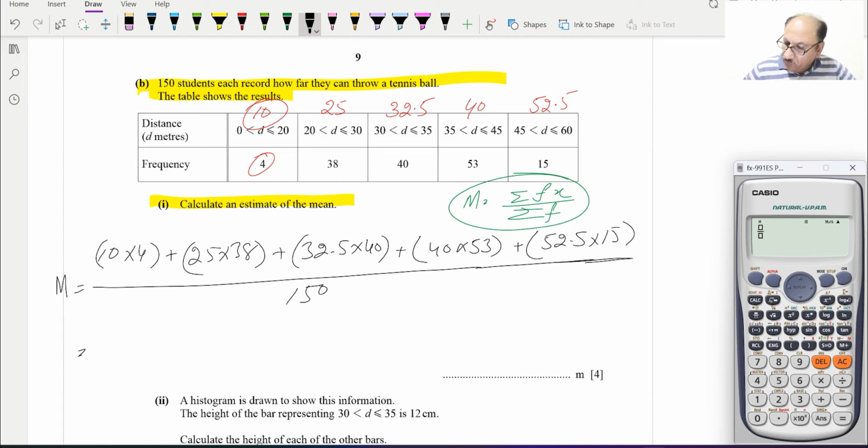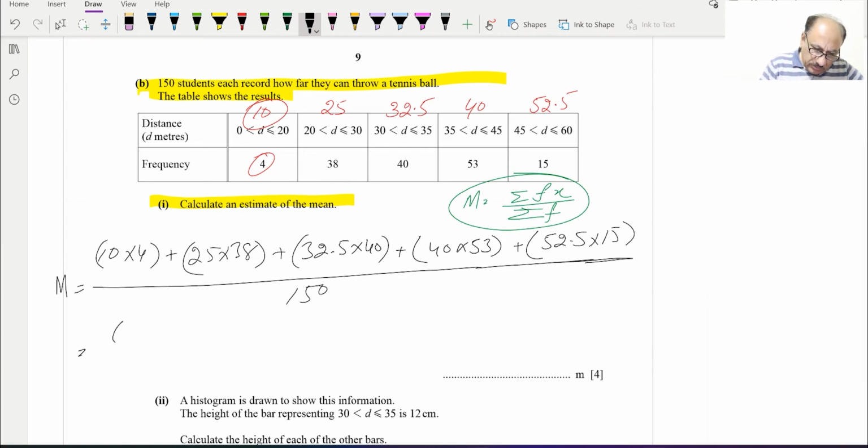10 into 4 is 40, plus 25 into 38, plus 32.5 multiplied by 40, plus 40 multiplied by 53, plus 52.5 multiplied by 15, all divided by 150, which is 693 over 20.